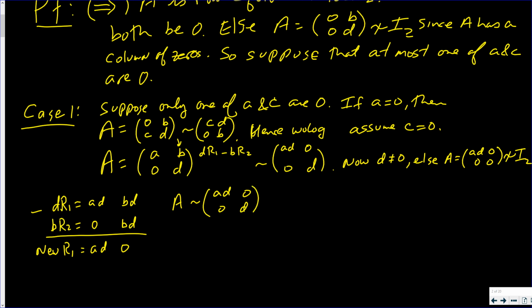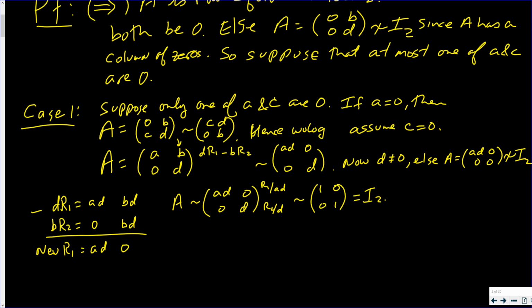Now to get the identity, I will divide row 1 by AD, and I would divide row 2 by D, and what I will get is 1, 0, 0, 1, which does equal I2.